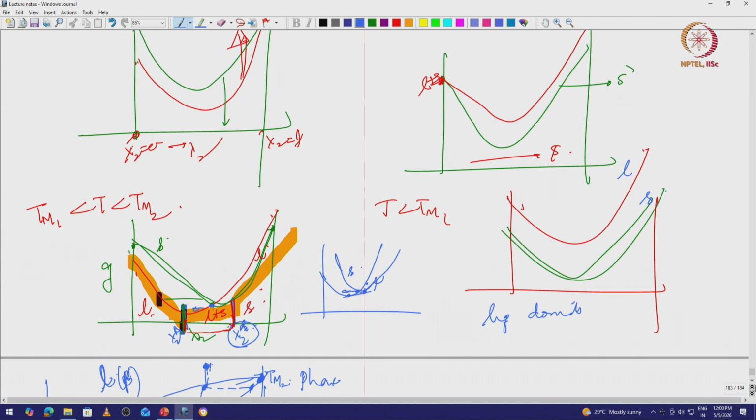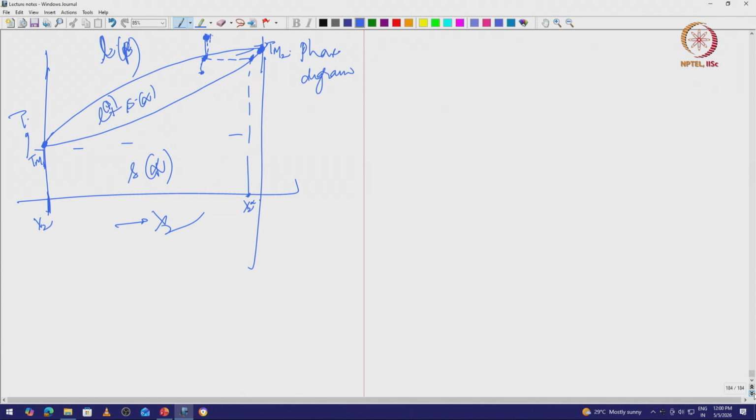And these lines actually tell me what is the x2 alpha and what is the x2 beta as a function of temperature. So if I am just cooling down at this composition, liquid and solid both coexist, but liquid has a composition given by x2 beta, which is here, and solid has a composition given by x2 alpha, which is here.